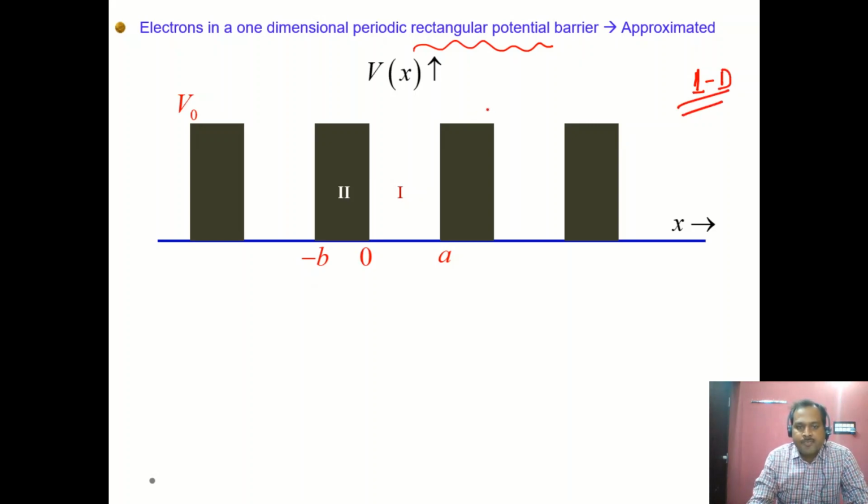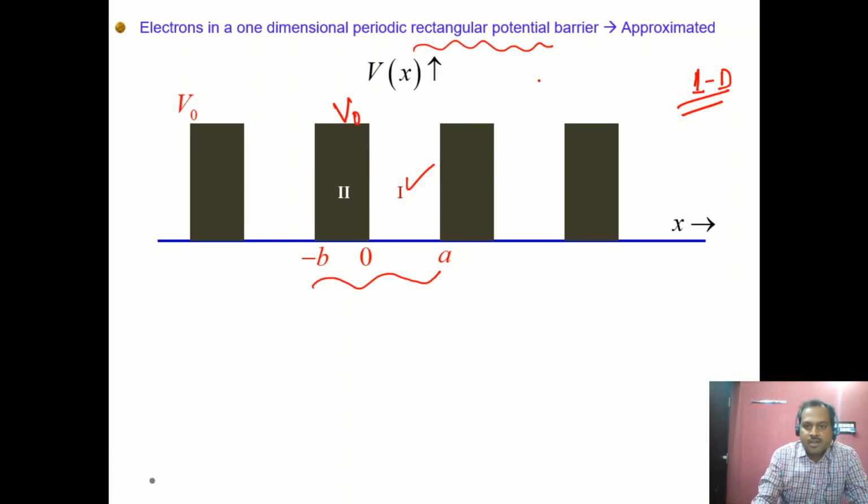Now let us look at this particular graphical scheme of the potential that the electron is experiencing inside a crystal. In region 1, the electron is not experiencing any potential and the width of this region is a, whereas in region 2 the strength of the potential is V naught and the width of the potential is b, and this particular structure is repeated in the entire lattice.